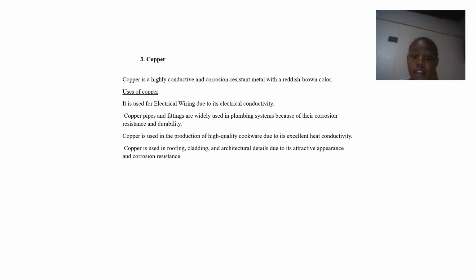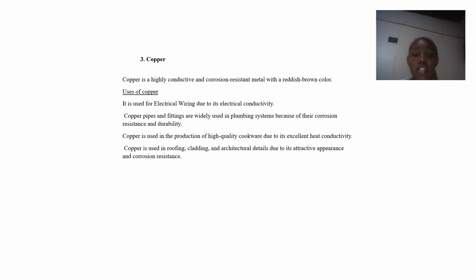Copper pipes and fittings are widely used in plumbing systems because of their corrosion resistance and durability. They don't easily corrode or rust. Copper is used in the production of high quality cookware due to its excellent heat conduction. So copper conducts electricity and also conducts heat.